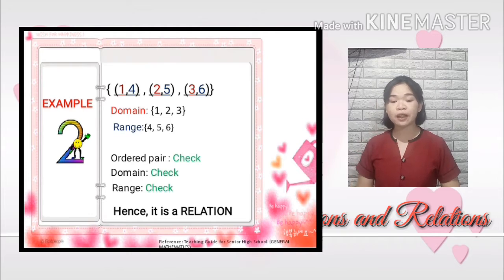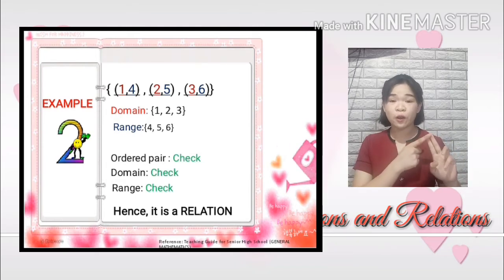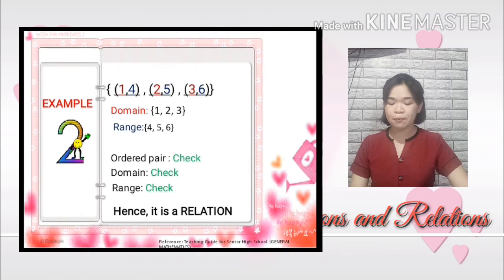And then the blue one, or the second set of the coordinate, that is the range, which is the set of 4, 5, 6. Since it is an ordered pair, and it also has a domain and a range, therefore that is a relation.